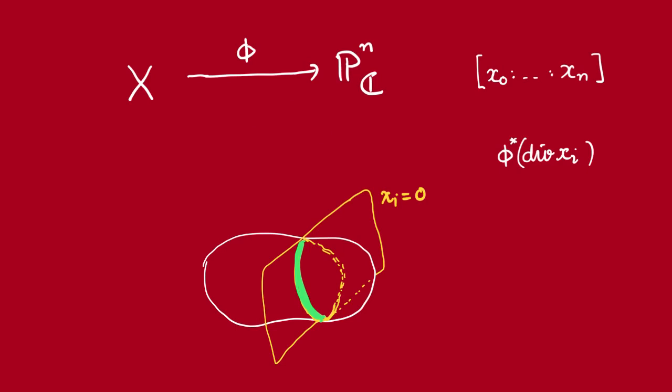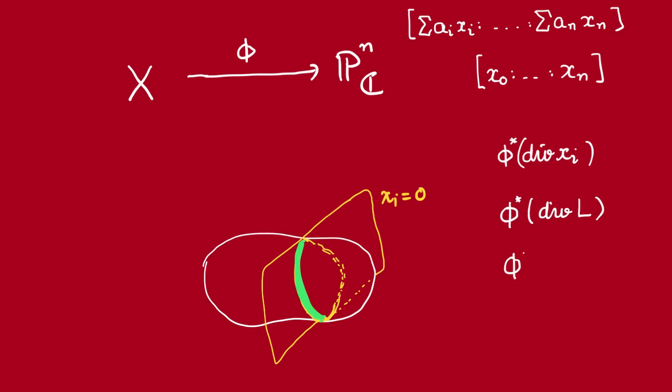This is not canonical, because it depends on the choice of a coordinate on Pn, right? So to account for all the possible coordinate changes, we want to look at not just the pullbacks of the divisors of these specific coordinate functions, but the pullbacks of all hyperplanes, all possible divisors of linear forms.